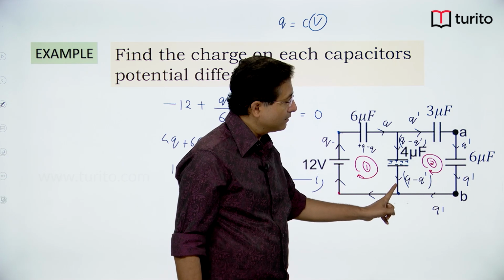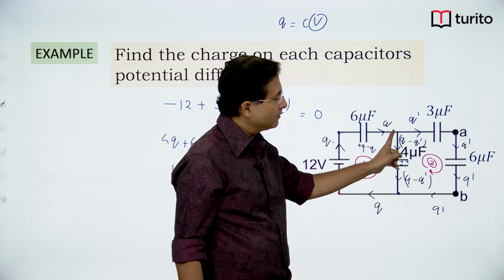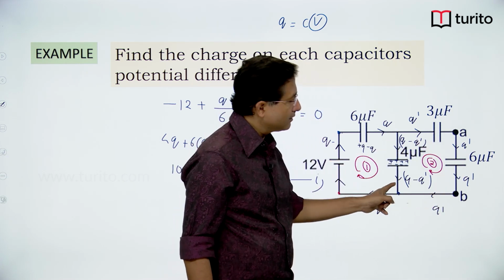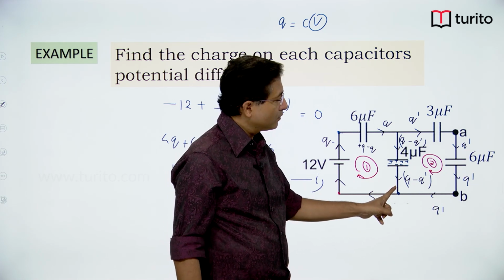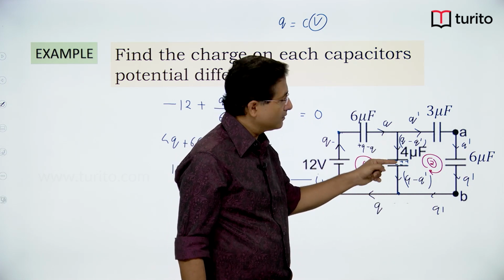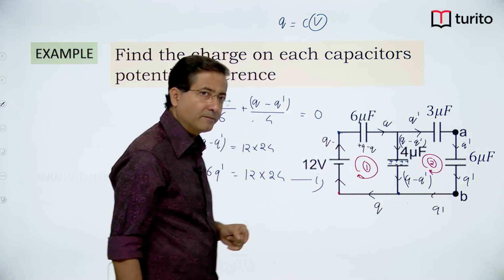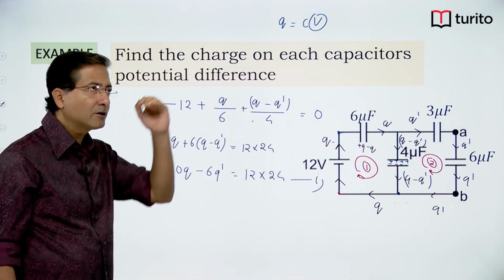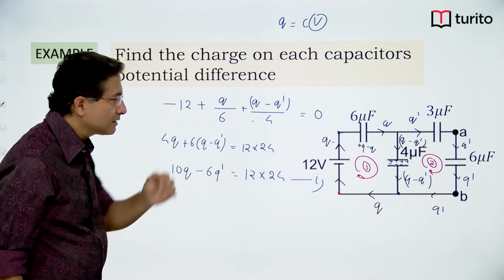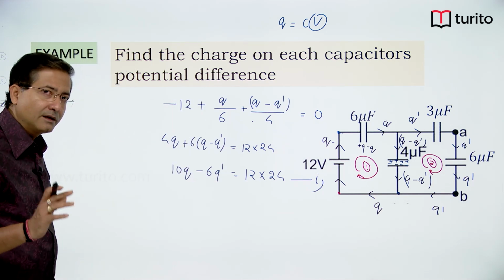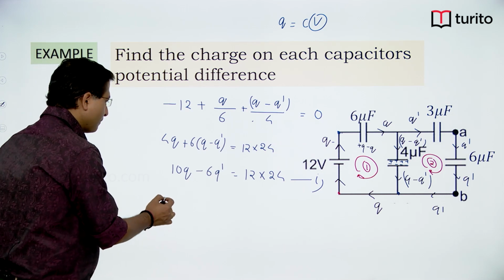you are moving this way, and then again you will come back. As you are going in this direction, you are moving from negative plate to positive plate. Potential is increasing, and an increment is taken with a negative sign. So what do I write?